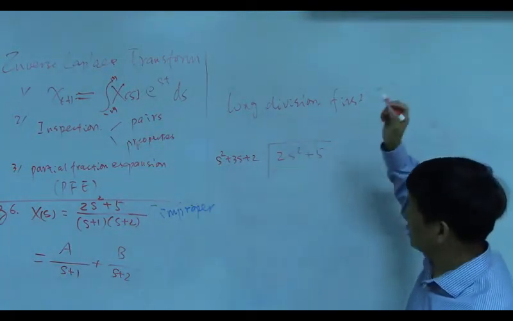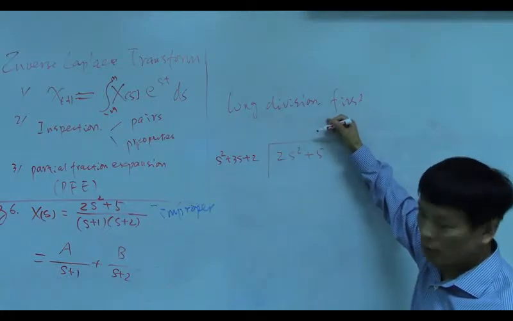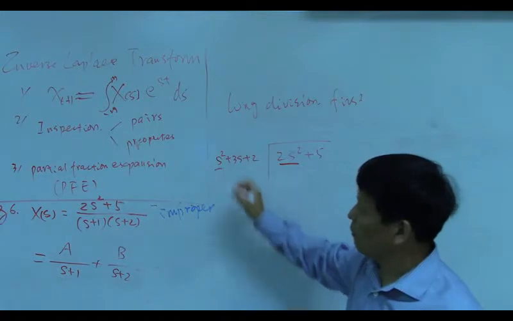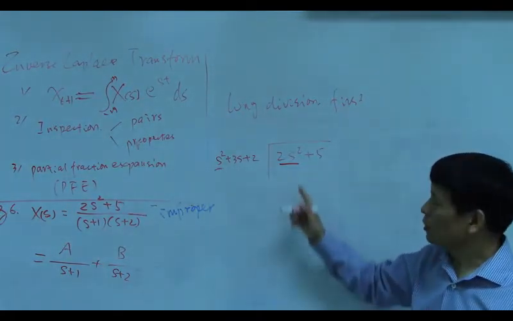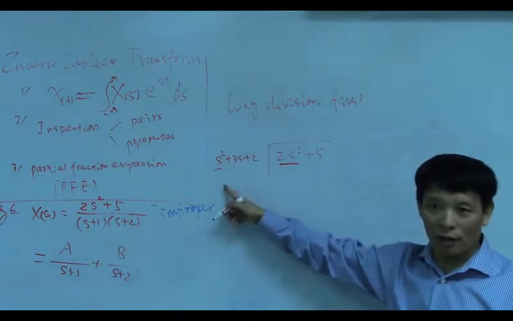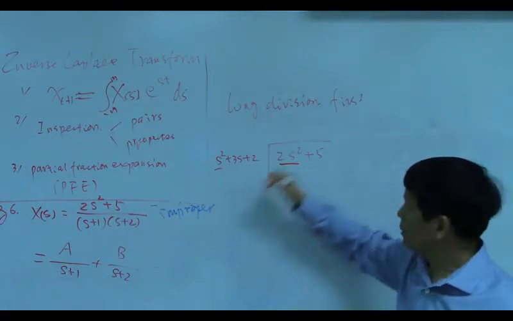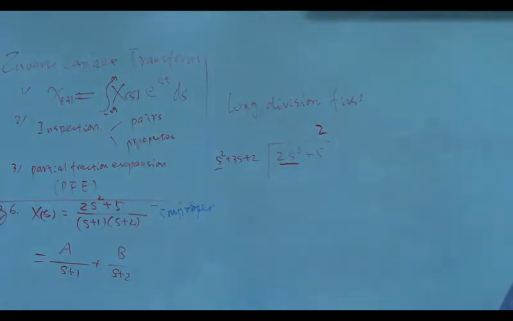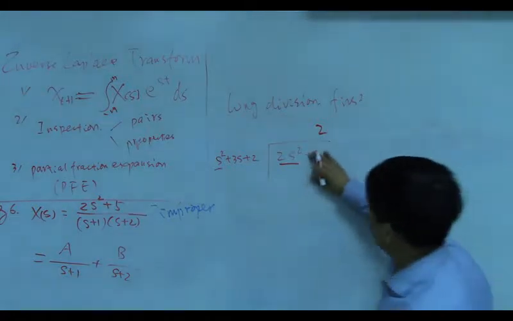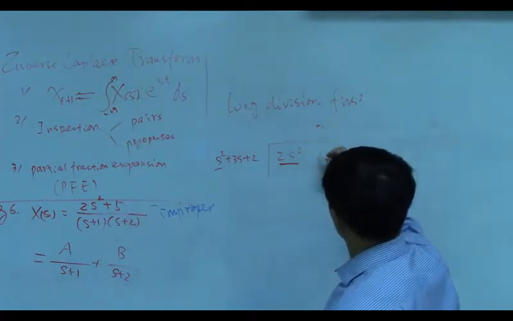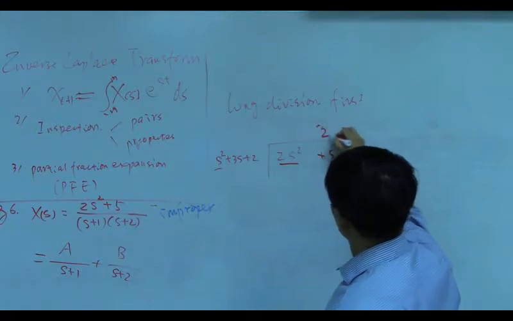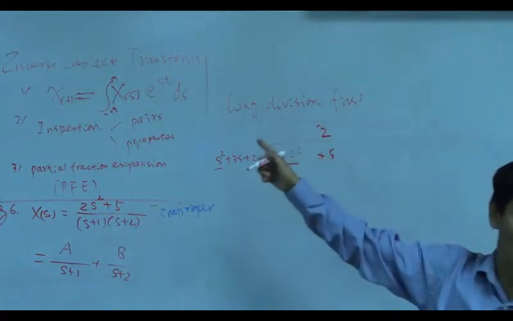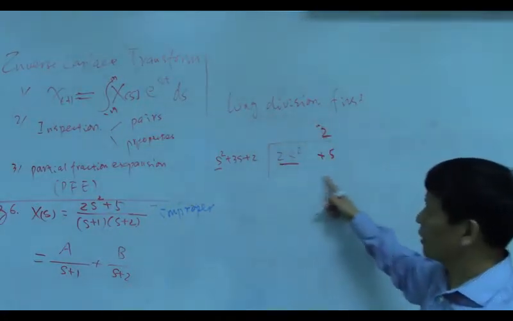So what is the quotient? We only compare the first term, the highest term. So 2s squared divided by s squared equals 2, so we put 2 on the top here. That's the constant. Now I need to multiply. So this one times this, put it here, then subtract.